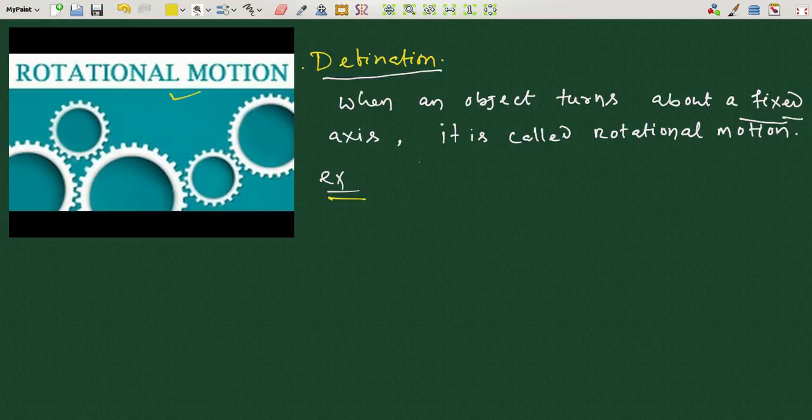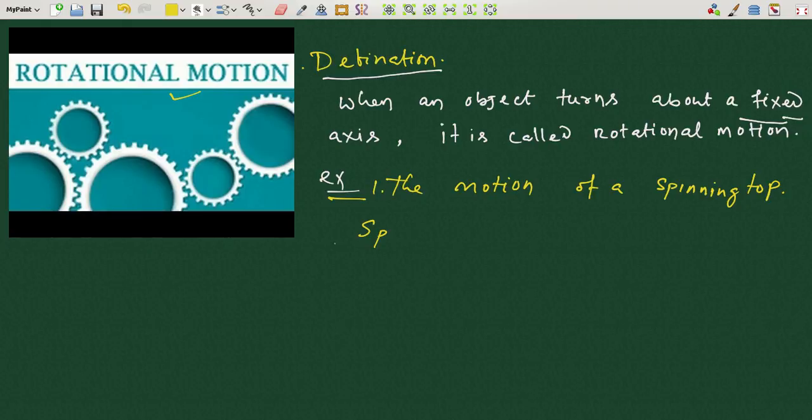Now see one example of rotational motion, that is the motion of a spinning top. Similarly, the spinning of the earth on its axis is also an example of rotational motion.